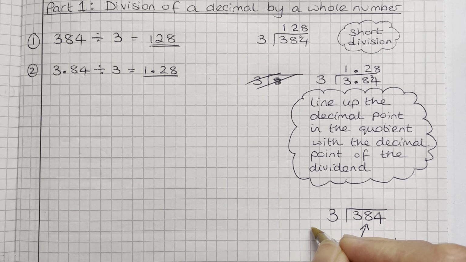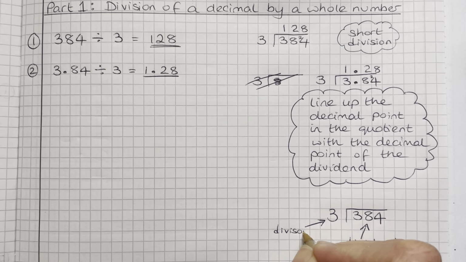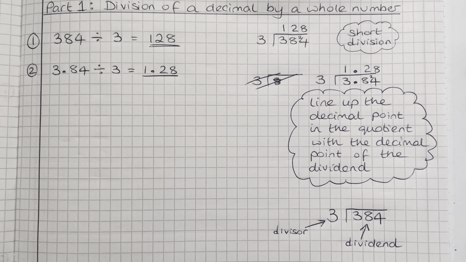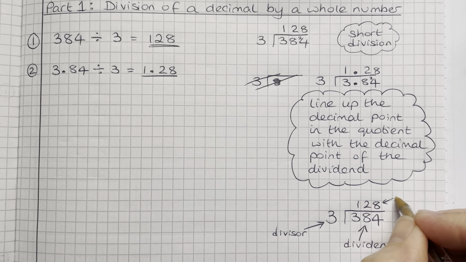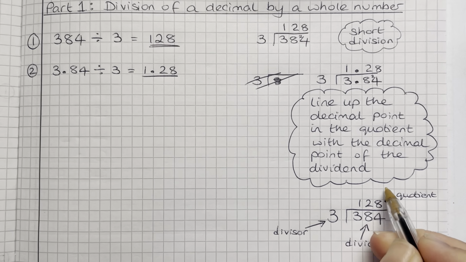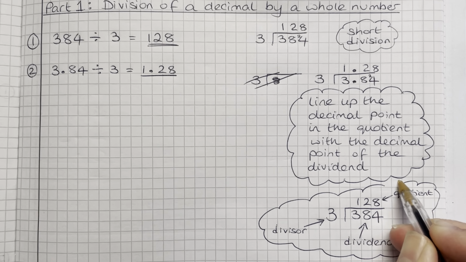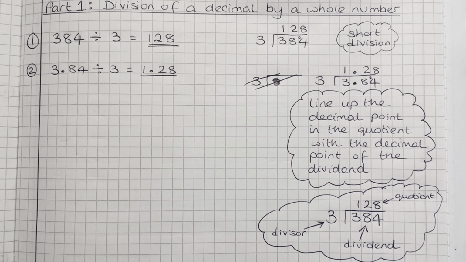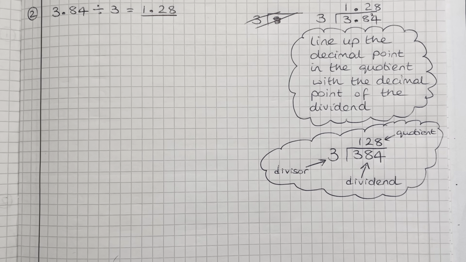The number that we are dividing it by is our divisor, and our answer is our quotient. So that's just a little reminder of the terminology that we use in division. Right, let's carry on.